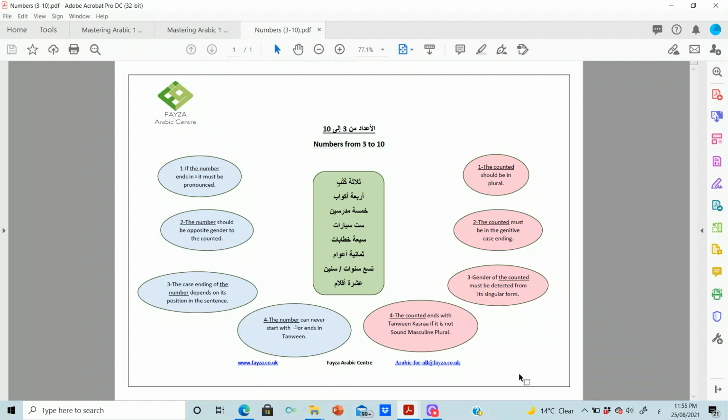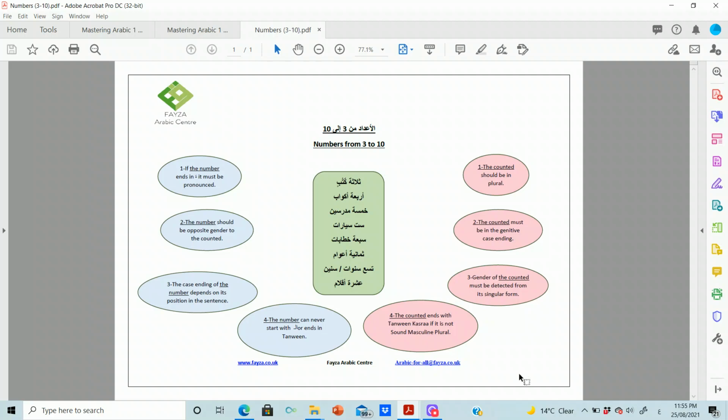خطابات, and this is one of the tricky things that could happen. خطابات is a sound feminine plural. But the singular of خطابات is خطاب, which is masculine. What happens is that we have many singular masculine words that form their plural using the ending of the sound feminine plural, الجمع المؤنث السالم.